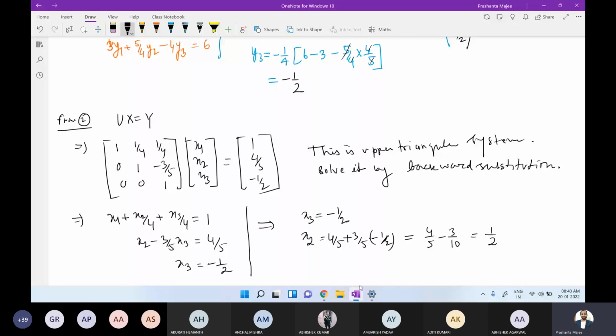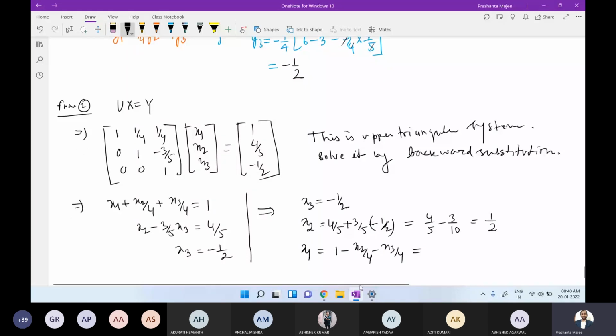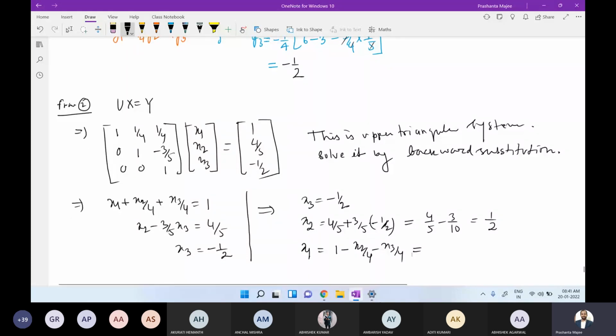And what is x1? x1 will be 1 minus x2 by 4 minus x3 by 4. So you have to simplify. Remember, we are just learning the technique. You will not be solving it by hand if you want to solve a system; you have to write a code.